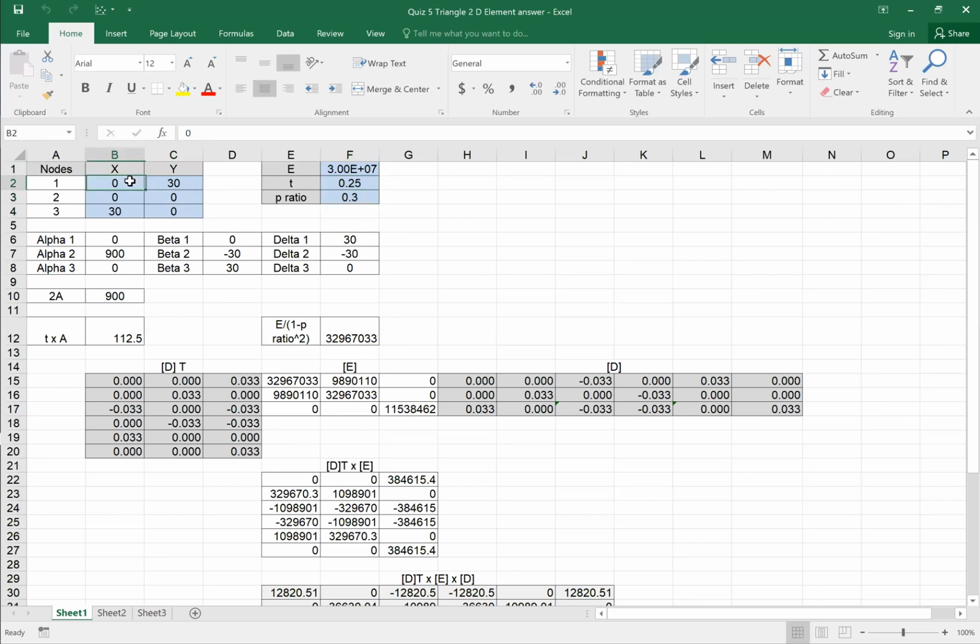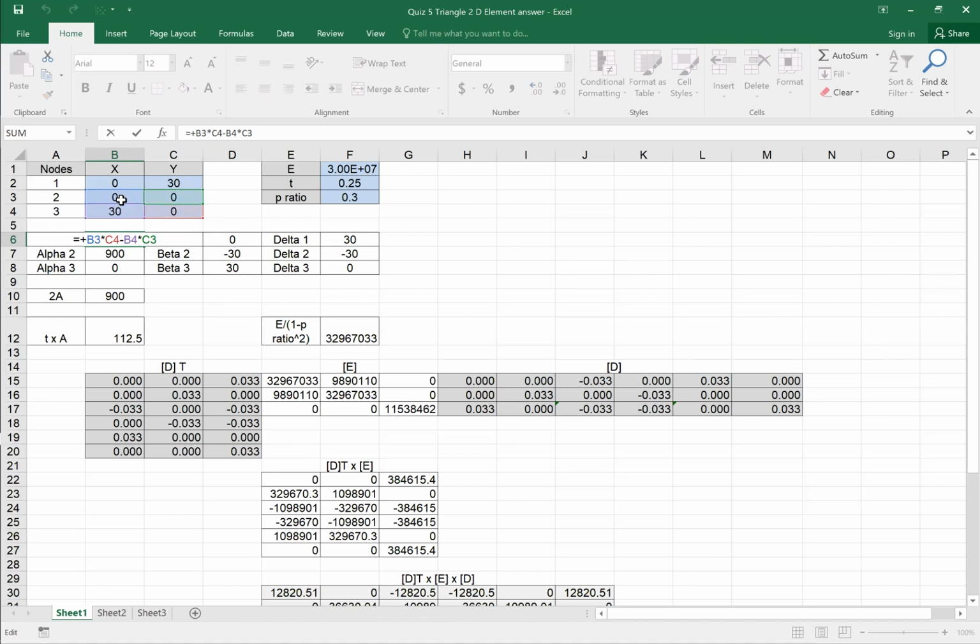From the coordinates, you calculate alpha, beta, and delta. How is it done? It's straight from the equations in your notes.